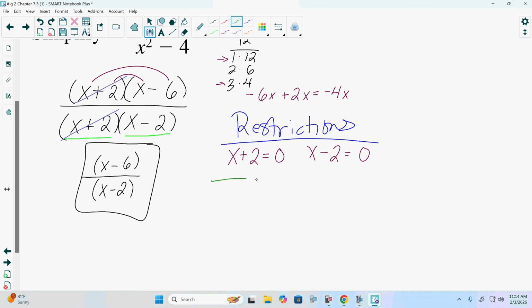So with our x plus 2, to get x by itself, we would subtract 2, telling us x cannot be negative 2. With our x minus 2, if we added 2 to both sides, it'll tell us that when x is positive 2, we would get a denominator of 0. That does not work either.